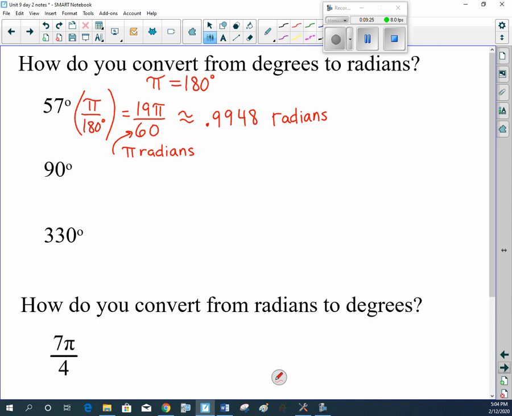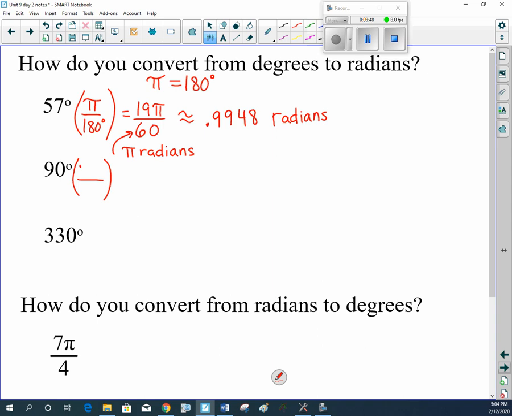Okay, let's try this next one. We want to convert 90 degrees to radians. A lot of times we just leave it in terms of pi radians. That works with some of the trig stuff we're going to do later on in coming chapters. So I've got to do a conversion factor. I know that pi radians is the same thing as 180 degrees. I have to make sure I get my fraction in the right order.